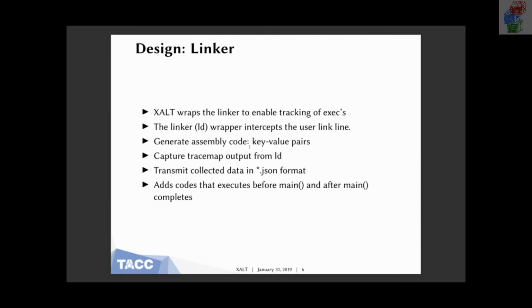It uses the trace map option to LD to find out what .os and SOs were part of your executable, and this is collected into a JSON file, which can be transmitted via the file mechanism or syslog. I'll talk about that more later. And it also can add code that executes before main and after main completes.